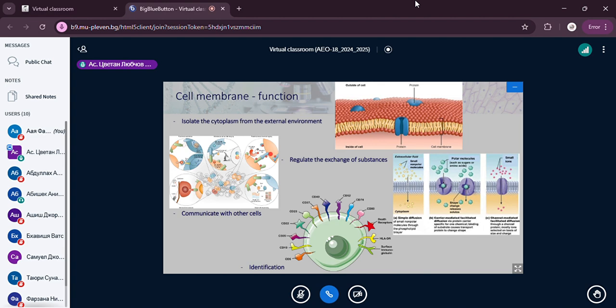The only things that can pass freely through the membrane are the gases and small non-polar molecules, which can easily squeeze in between the phospholipids. All the rest usually pass through proteins. We're going to talk about some protein channels.